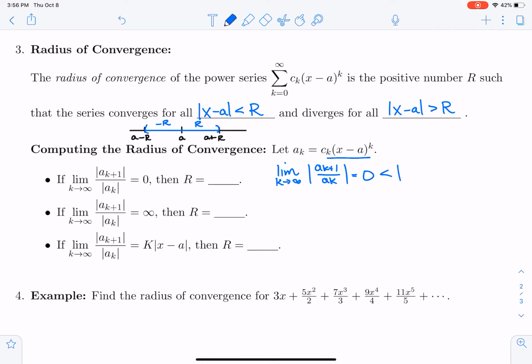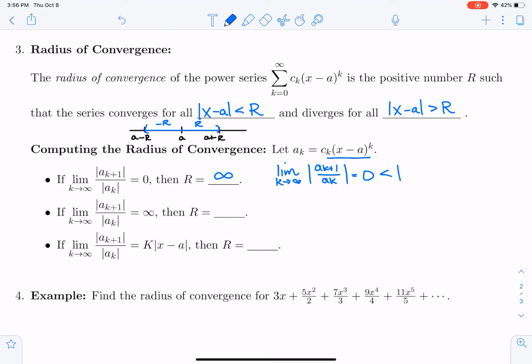And so we call our radius of convergence here infinity, because x can be any real number, and the ratio test will tell us that the series converges.